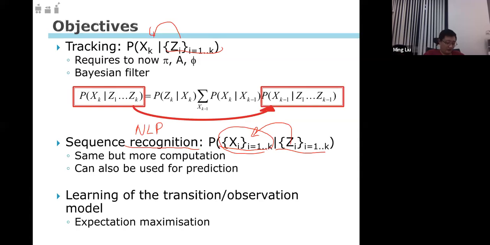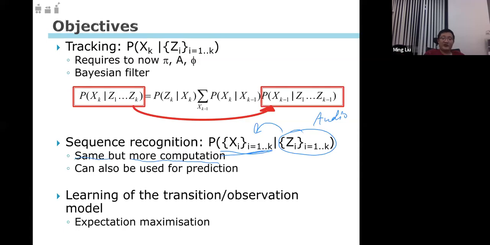I want to infer what this person is talking about, given the audio signal I received. That's the observation. Based on the observation, I want to infer what the person says. This part is hidden. It's not directly observable. You can directly observe the audio, and use it to predict what is said. So it's similar to the previous problem, but you need more computation.